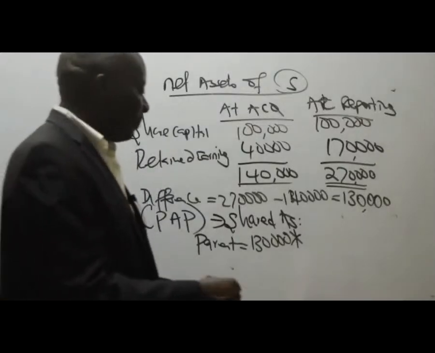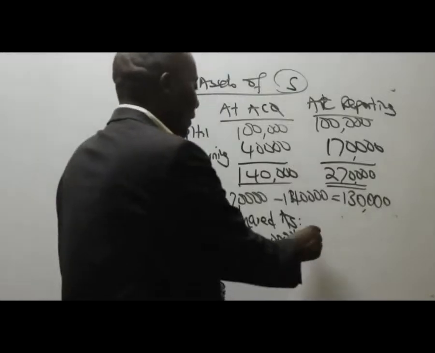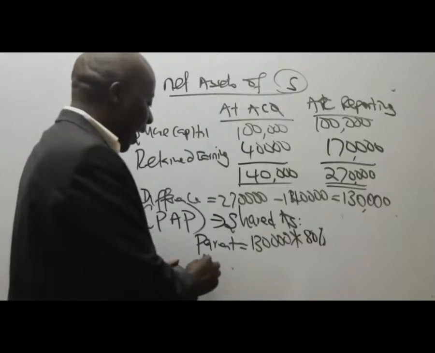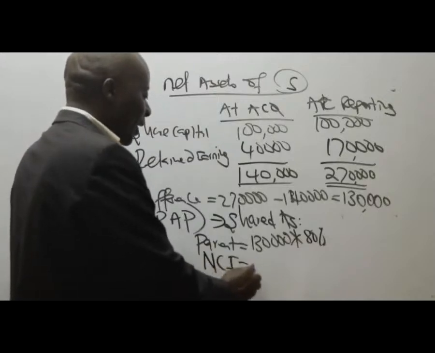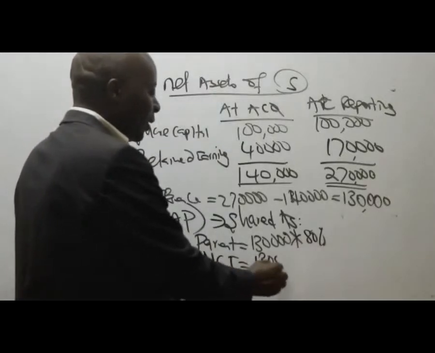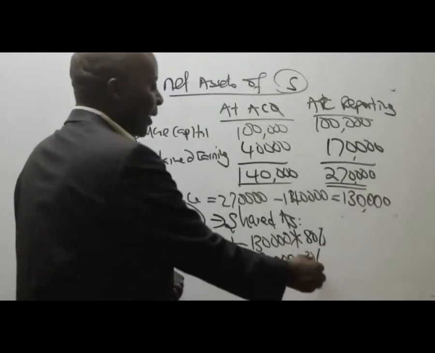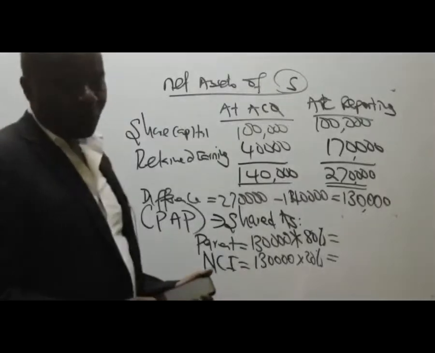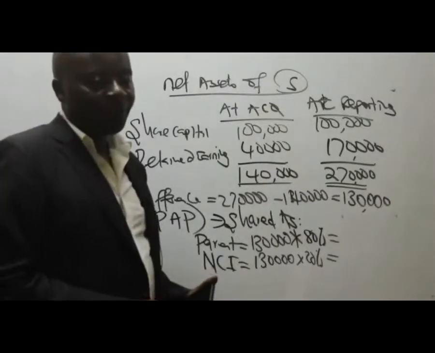Times 80%. So 130,000 times 80%. Thank you very much. And then the other guy gets what percentage here? NCI will be 130,000 times 20%. Please give me these figures.